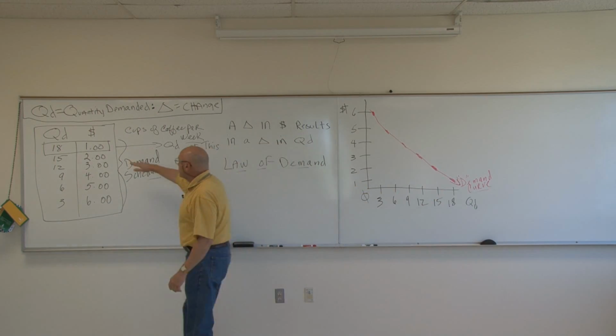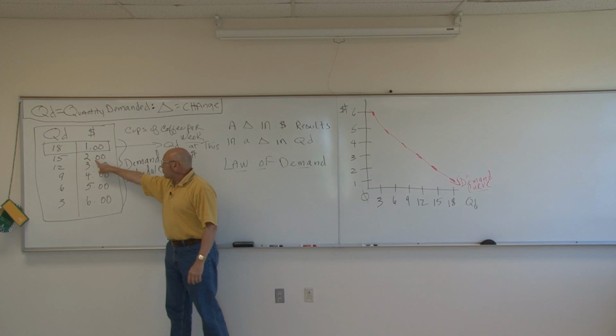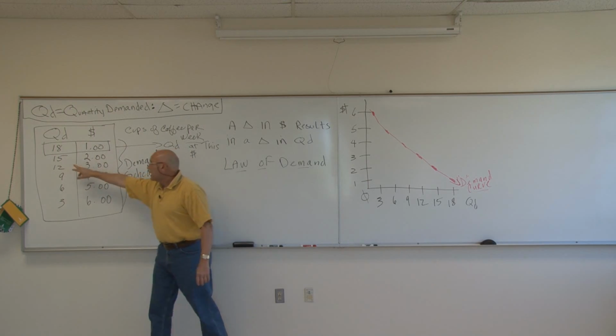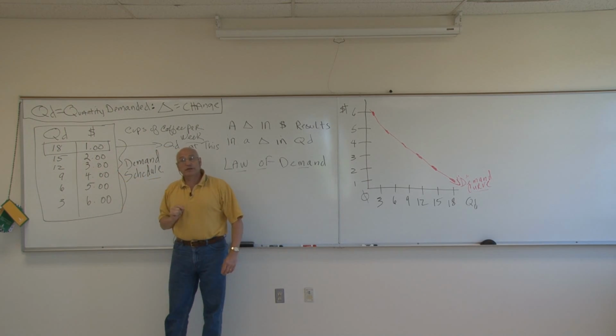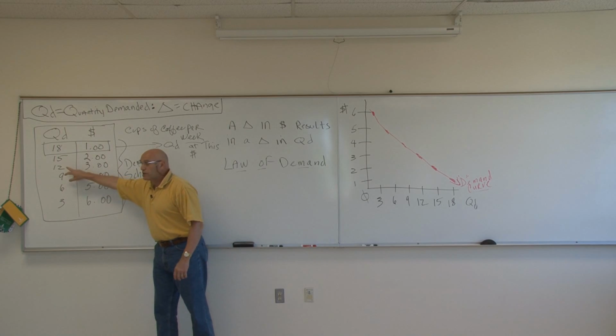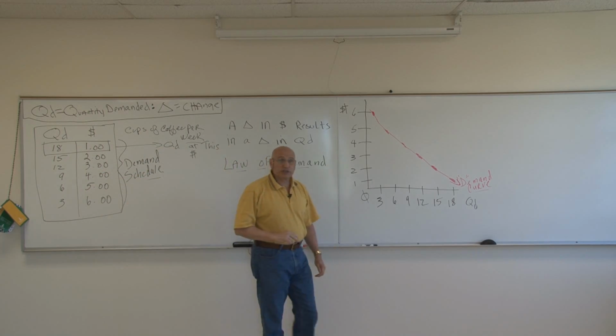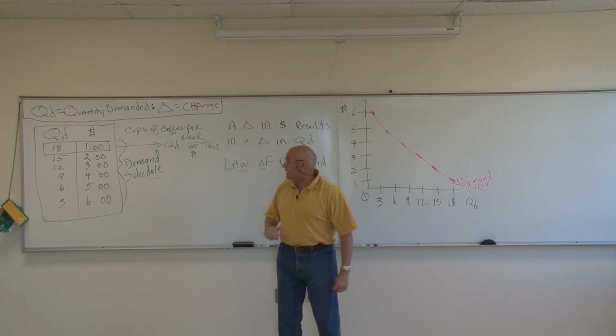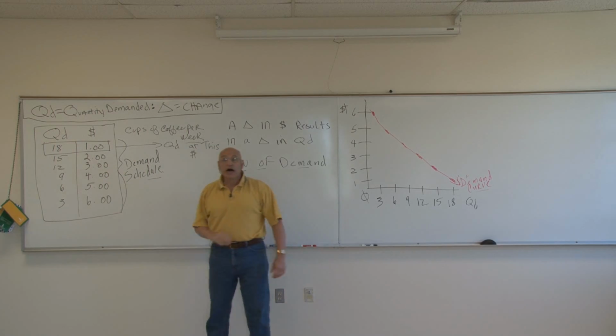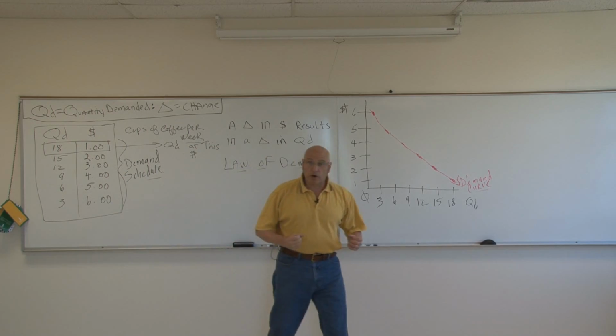And if we take a look at this, we can see that if the price of coffee goes to $2, I will only purchase 15 units. If the price of coffee goes to $3, I will purchase 12 cups of coffee that week.